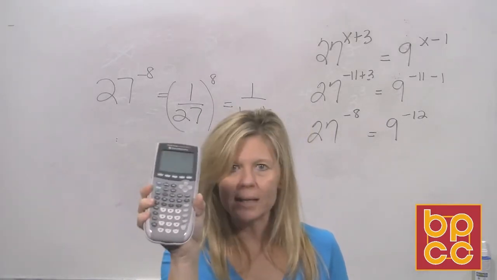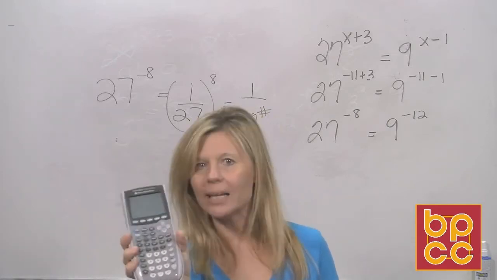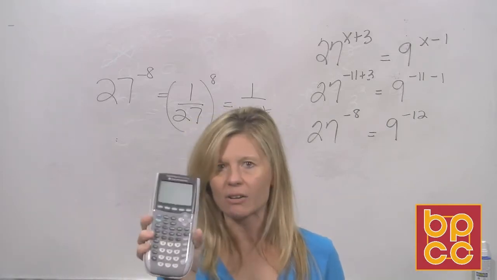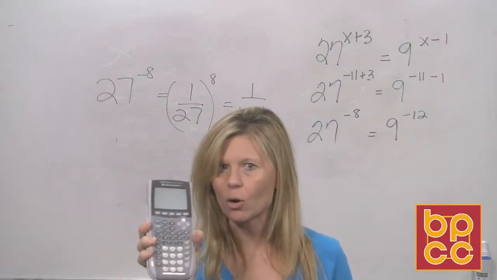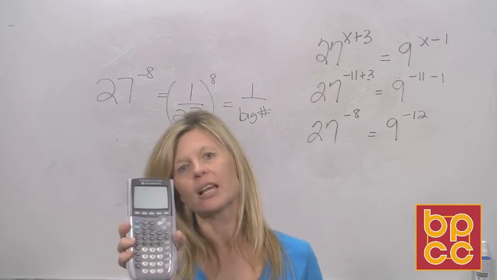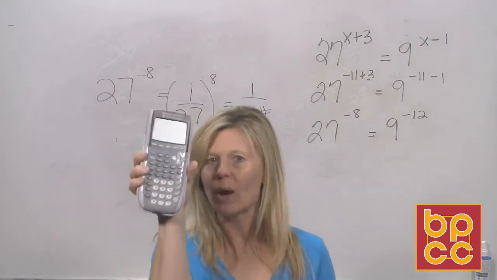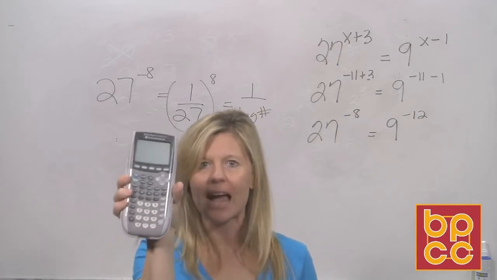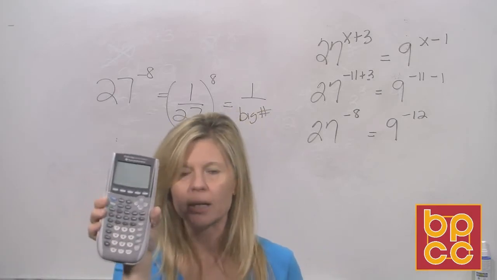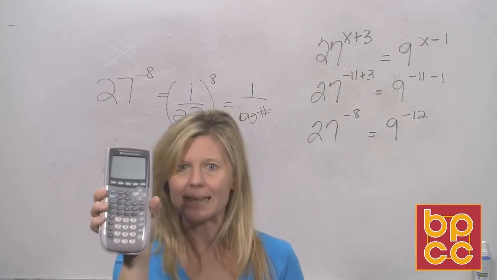You do not need to buy a graphing calculator for college algebra. You do not need to buy a graphing calculator if you have to take finite or trigonometry. The only people that really need graphing calculators are the ones that are going into engineering. So do not go out and waste your money buying a $100 calculator for college algebra. Now, if you could borrow one of these, that's fine, but you don't need this.